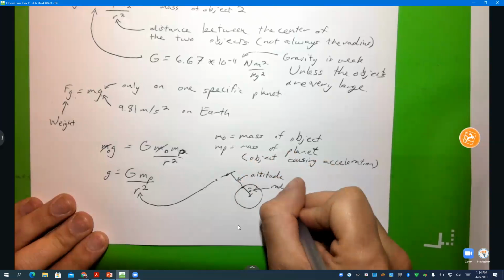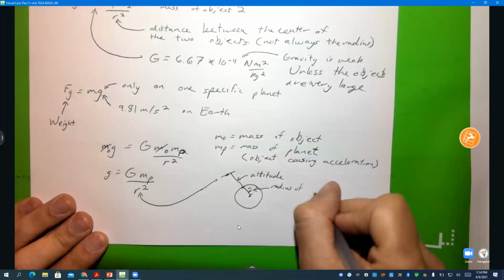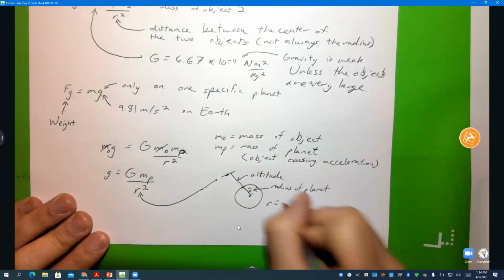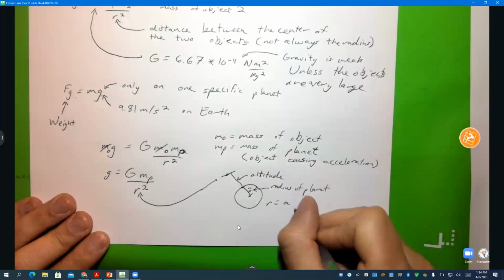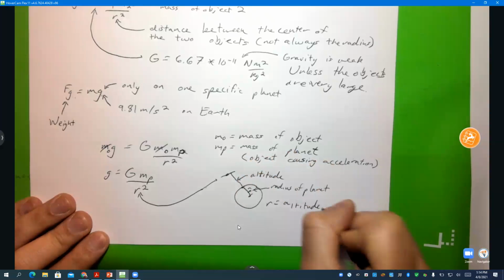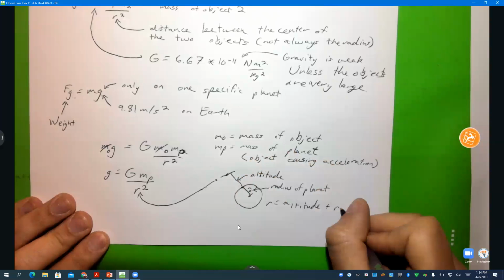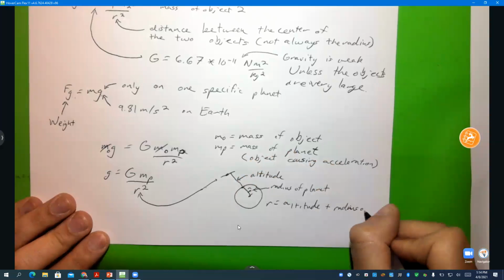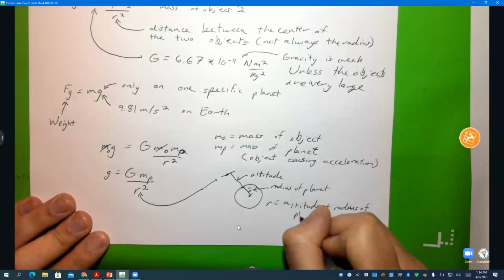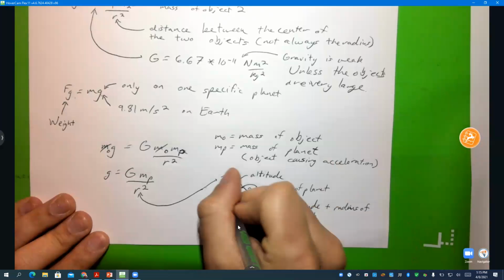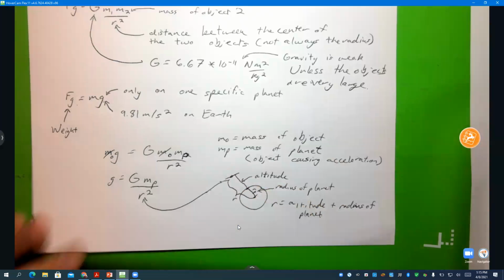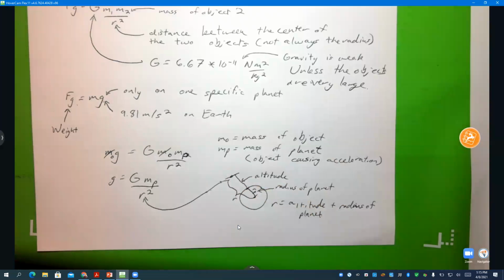So then R equals altitude plus radius of planet. So it's like this quantity here is R. Total distance between the center of the two.